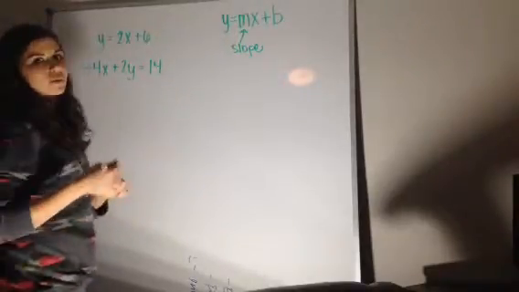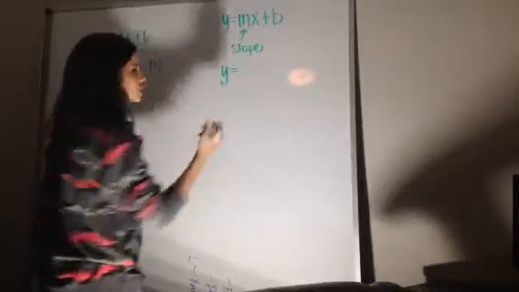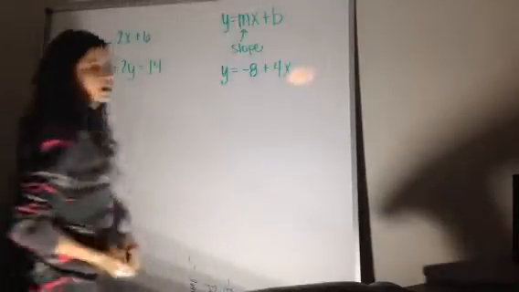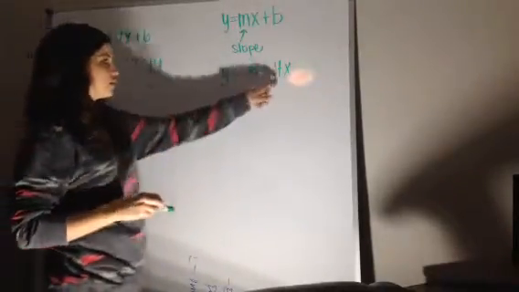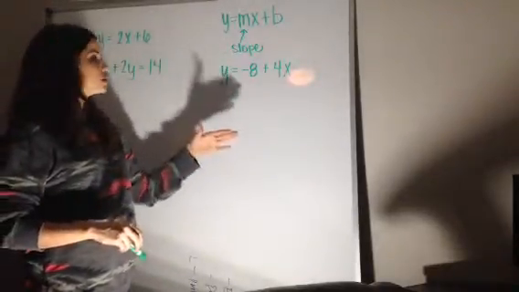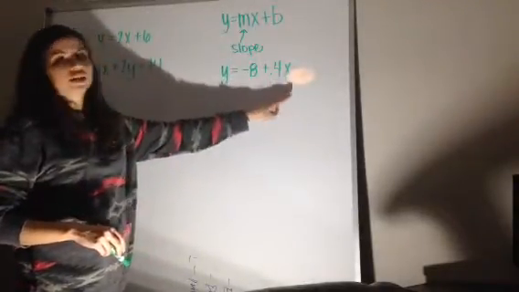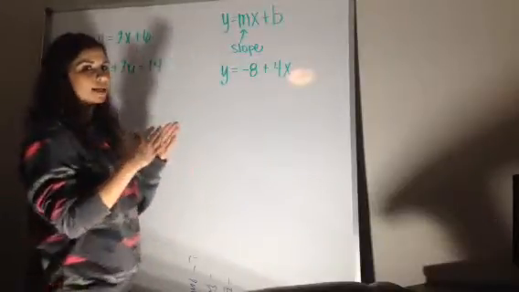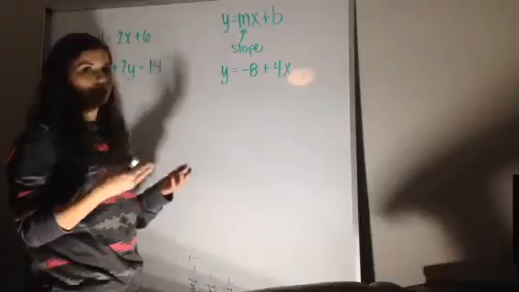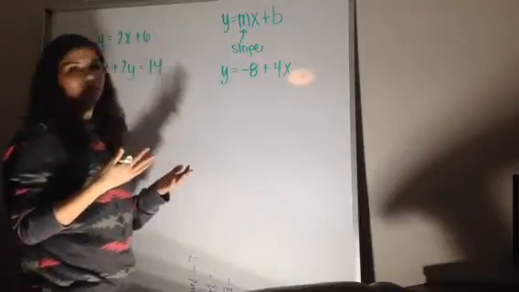So even if it were written like this, which I should have said in the other video, if I have y equals negative 8 plus 4x, here the slope is 4 and the y-intercept is negative 8, because the slope is always attached to x, because we're multiplying, because that's how much it's changing by. That's what they'll often call the rate of change, and that has to be multiplied.